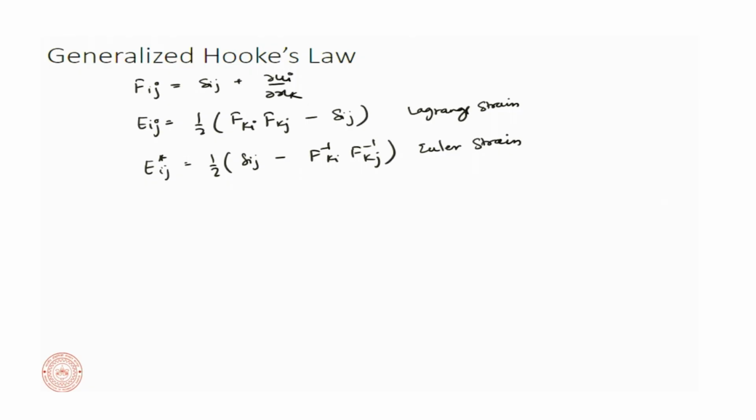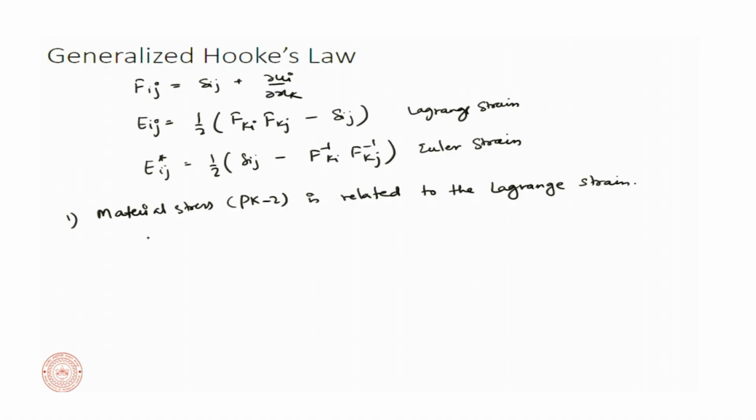Okay. Now, we also had a couple of definitions of stress. So, let us first, if we talk about Lagrange strain, then the material stress, that is also called the PK2 stress, is related to the Lagrange strain. So, sigma ij is equal to C ijkl into E kl.